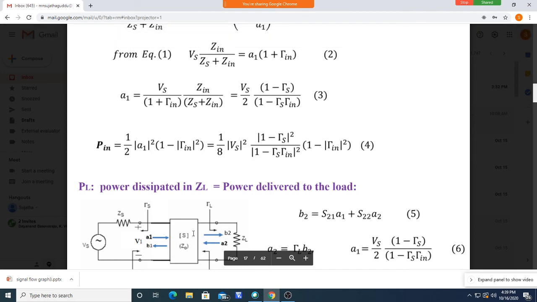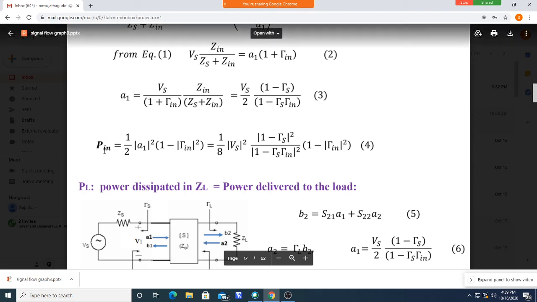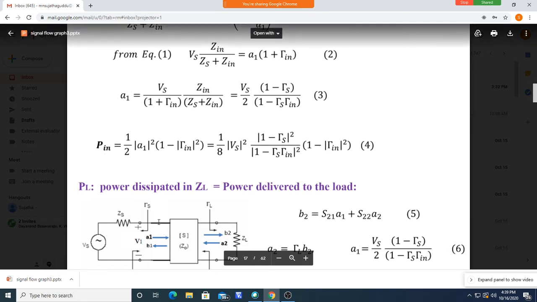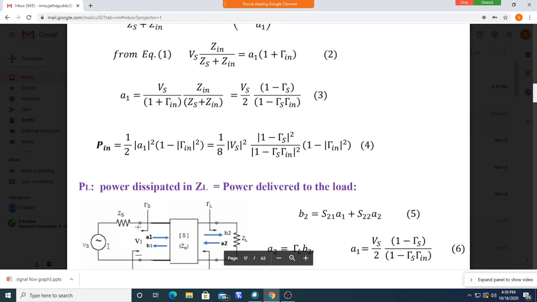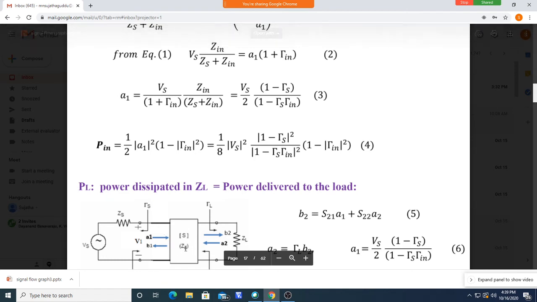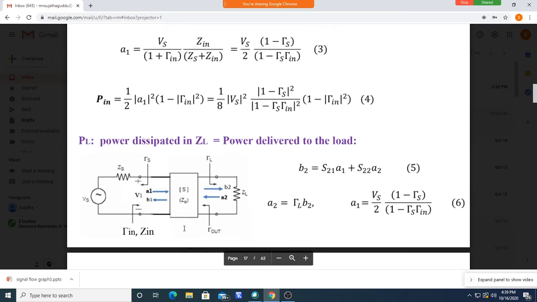Over that power, whatever you applied, the network will do the operation. That means it may amplify only this power, not the power in A1, because out of A1 a part is going out. That's why that part is not amplified. Only the part delivered to the network gets amplified if it is an amplifier circuit.